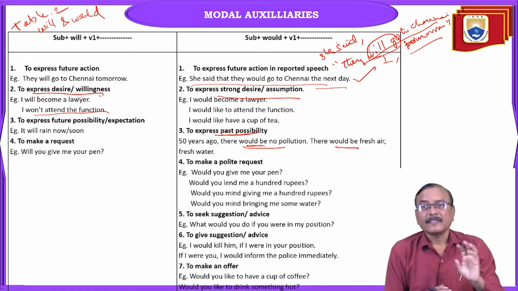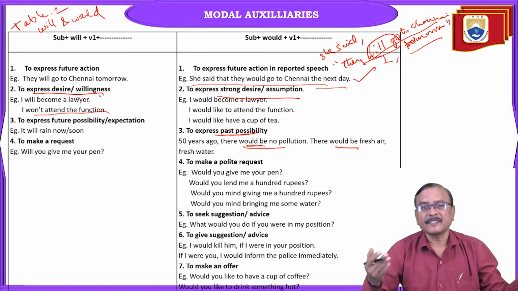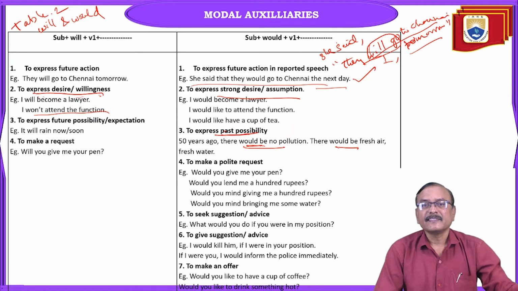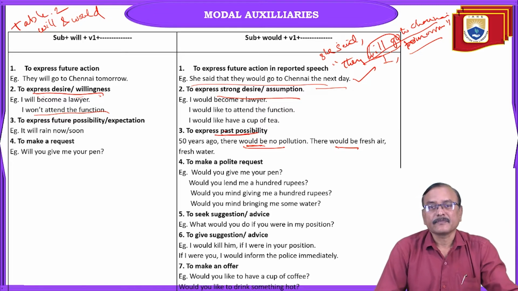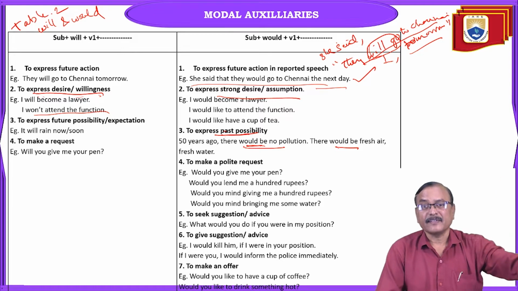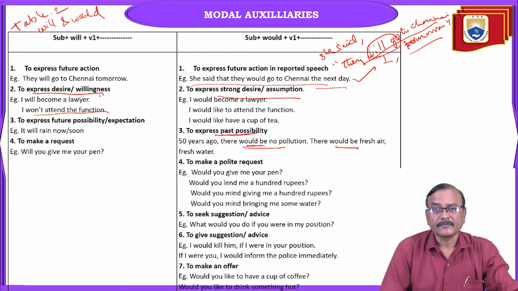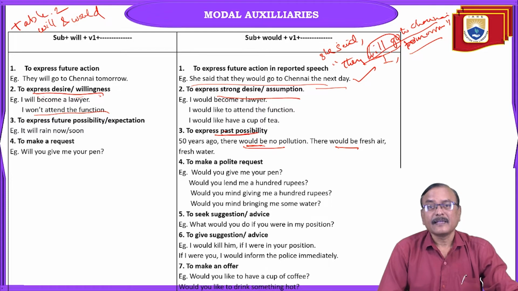Fifty years ago, there would be no pollution because there were no vehicles this much. That's why there would be no pollution. It means past possibility. I am speaking of a past possibility. There were many trees 50 years ago. That's why there would be fresh air. It means the possibility was there. There would be fresh water.